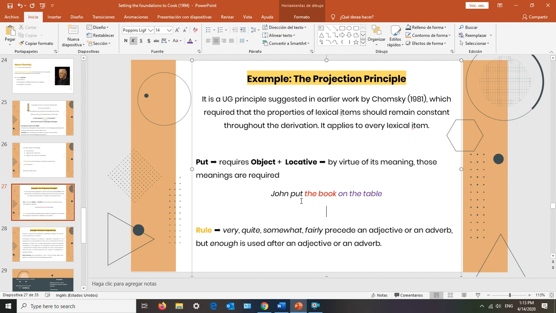The verb put is different in its nature from the verb faint. You're used to calling the verb put a transitive verb, right? In this case, if we want to be more specific, we can call it a complex transitive verb because not only does it require an object that makes it transitive, but also a locative, the indication of a place, an adverbial that makes it a complex transitive verb.